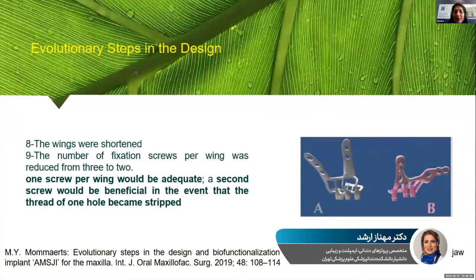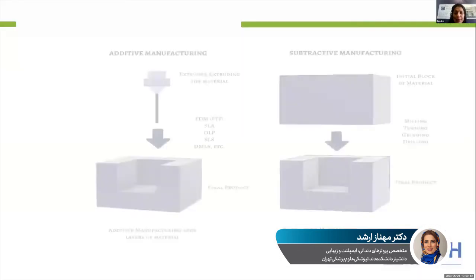And we have different kinds of posts, different models of posts, and I show you the different models that you can choose for your patient, what kind of abutment or what kind of post you can select.